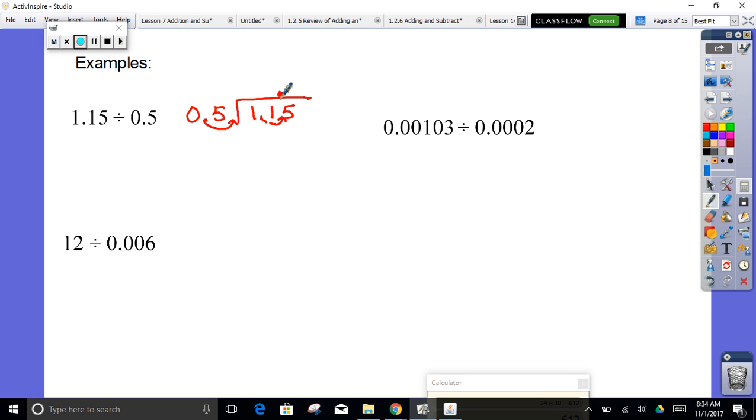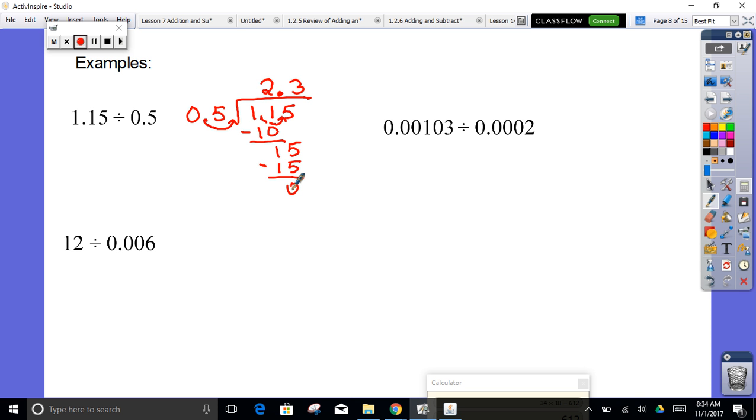And then I'm going to move it right up to my answer because that's where it's going to be. Now I do 5 into 11. 5 goes into 11 twice, minus 10. I have a remainder of 1. Bring down the 5. 5 goes into 15 3 times evenly, so my answer is 2.3.